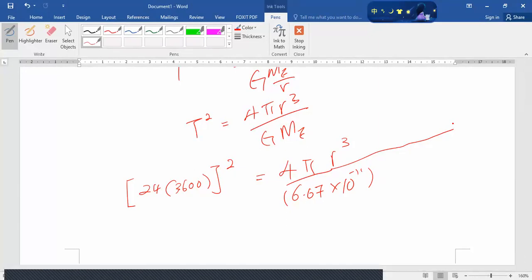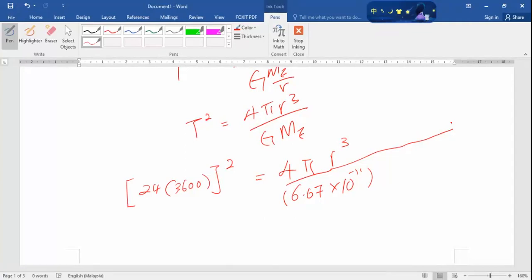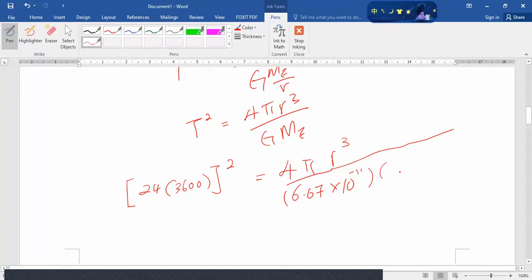What is the mass of the Earth? Let me see. Given that the mass of the Earth is equal to 6 times 10 to the power of 24. So find out R at the end. R is equal to how much?